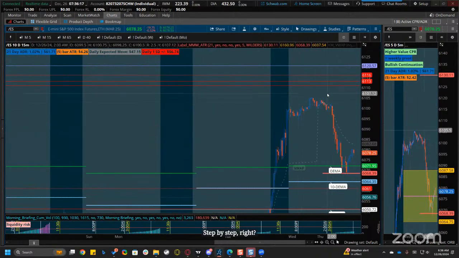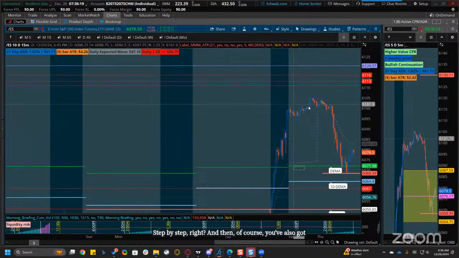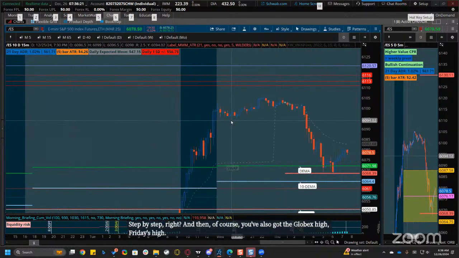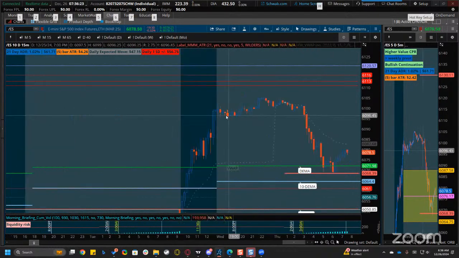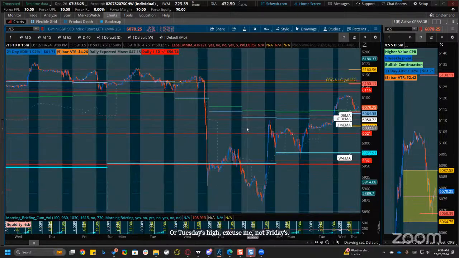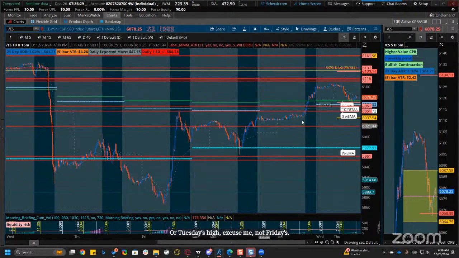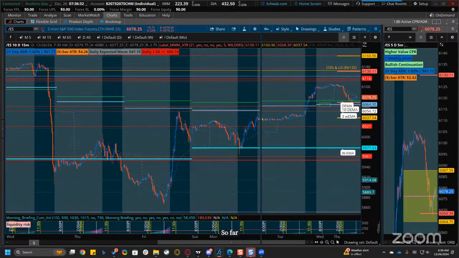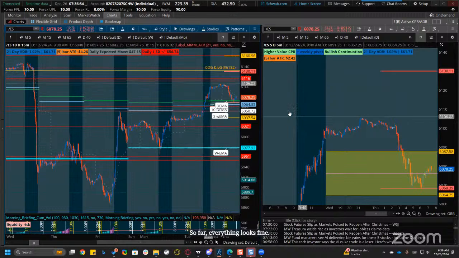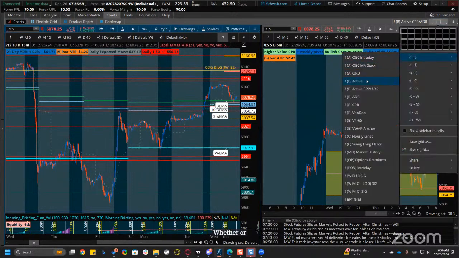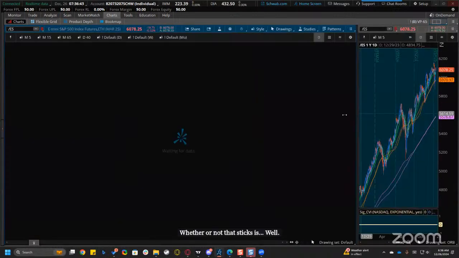And then of course you've also got the Globex high, Friday's high, or Tuesday's high, excuse me, not Friday's. So far, everything looks fine. It has a bullish bias to it. Whether or not that sticks is, well, that's the $1 million question, right?